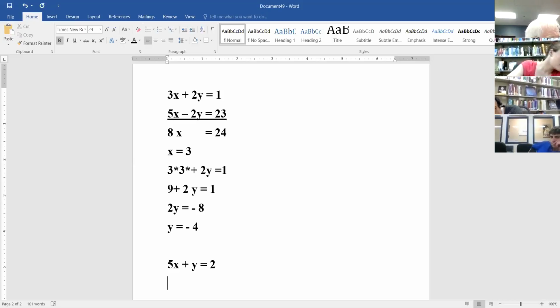So what I can say is that if you're given an equation where you want to use the elimination by addition, if you multiply one of the equations by minus 1, then you have a positive and a negative.